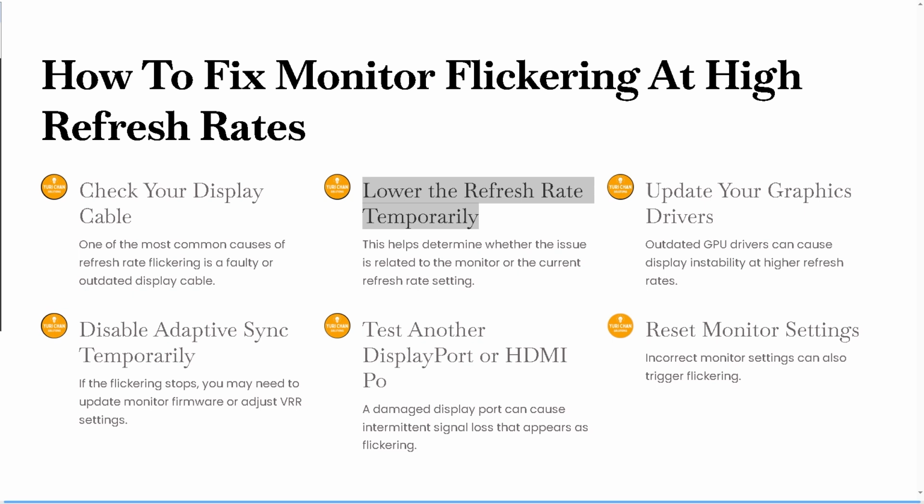For example, from 250 Hz to 165 Hz, or from 165 to 144 Hz, or from 144 Hz to 120 Hz. If the flickering stops, the issue is likely related to bandwidth limitations, cable quality, or monitor settings.